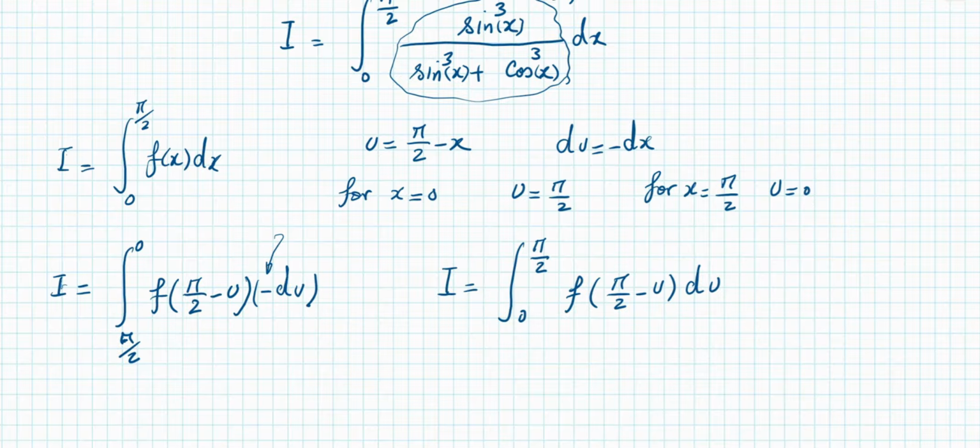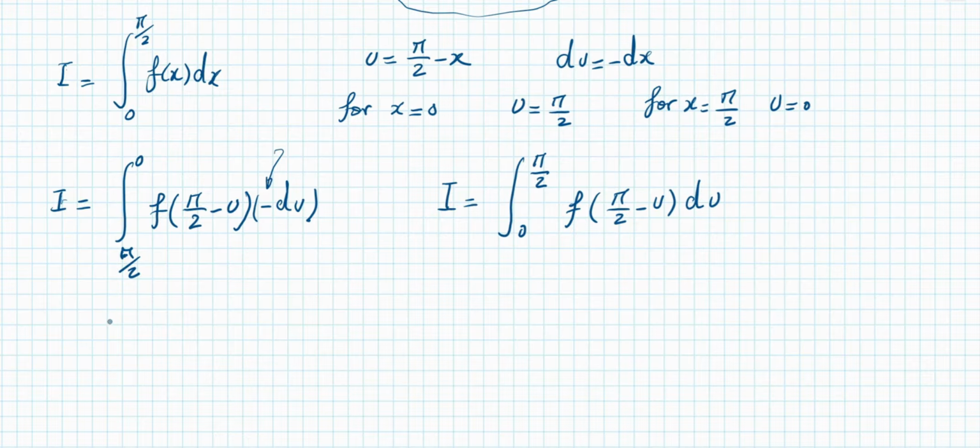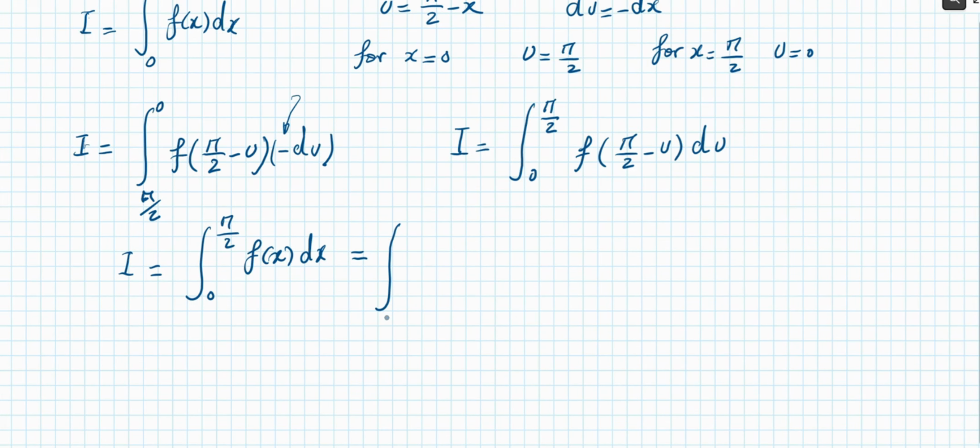And because u is a dummy variable, we can replace it with x, and therefore the integral from 0 to pi over 2 of f of x dx is equal to the integral from 0 to pi over 2 of f of pi over 2 minus x dx.